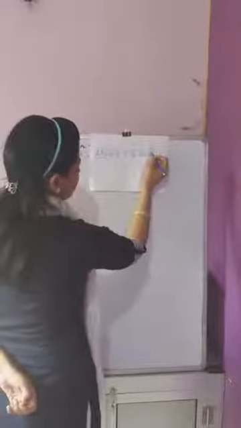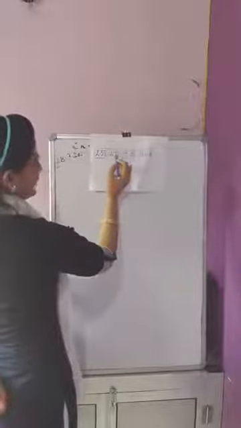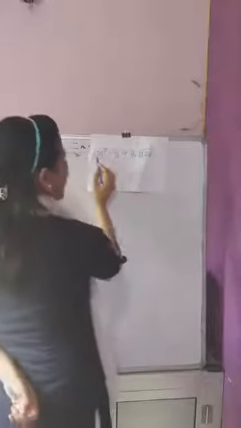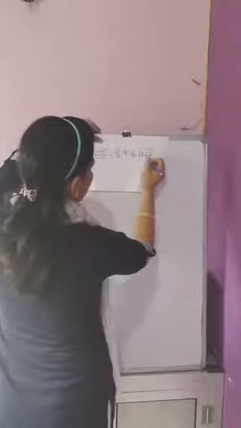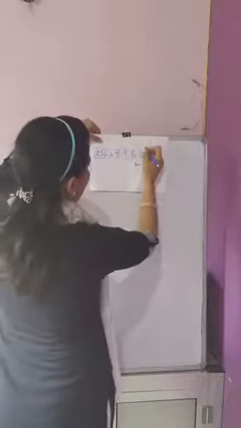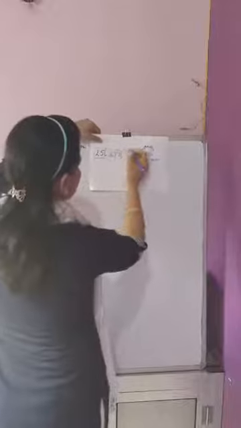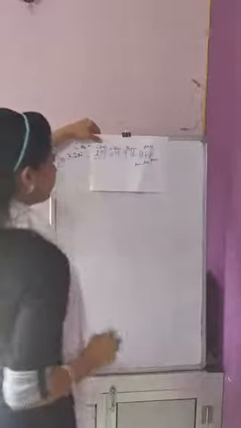These are the places: ones, tens, 100, 1000, 10,000, lakh, 10 lakh, crore and 10 crore. So you can write the places of these numbers also. This is ones, this is tens, this is 100, like this. And this period is called ones, this is 1000, this is lakh and this is crore.